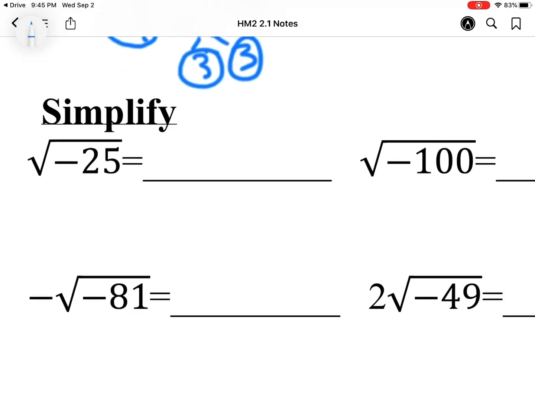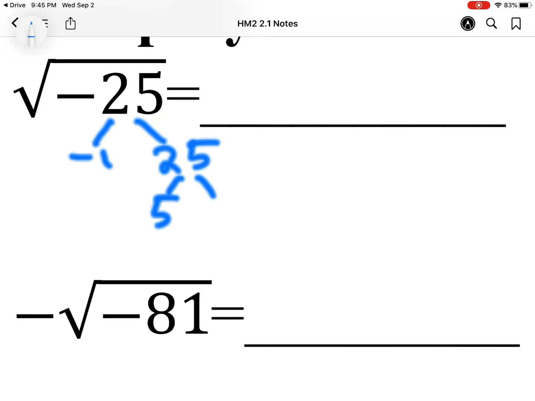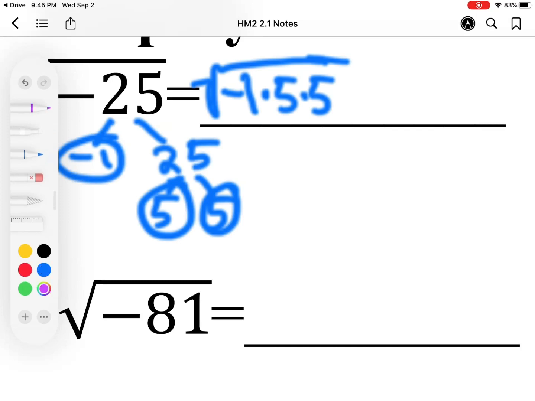Now let's do some more examples. So what if we had the square root of -25? So I take out that negative first. Then we would have 5 times 5. So we have the square root of -1 times 5 times 5.